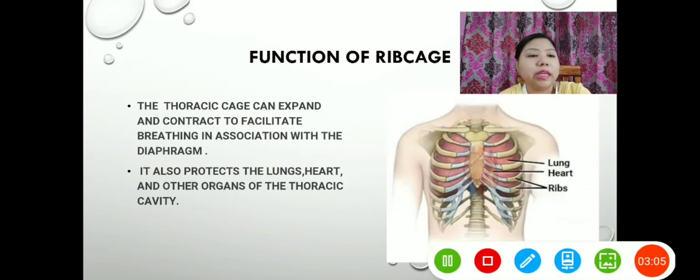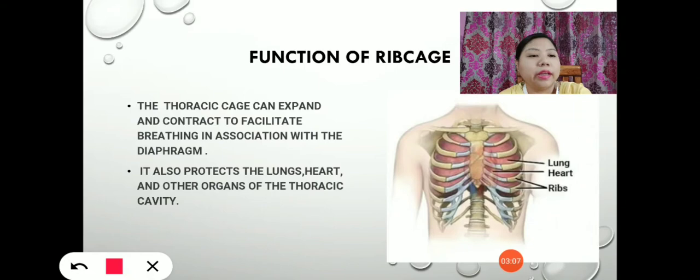You can see in the diagram that the lungs are present and protected inside the rib cage. The lungs are associated with the breathing process. The lungs expand and contract.